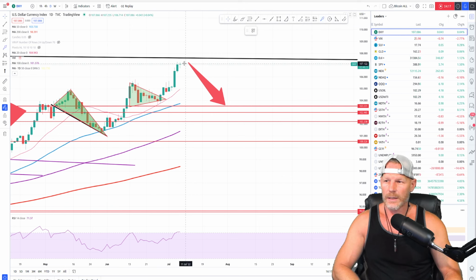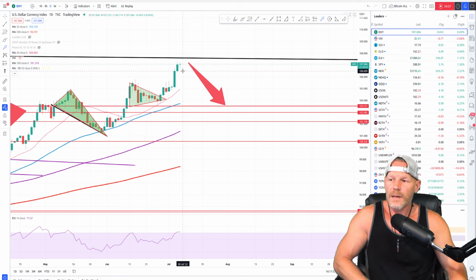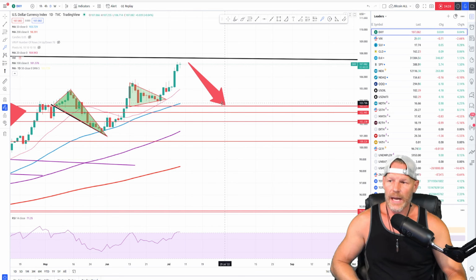So that's why I have this arrow here. You don't just bust right through those things. I've rarely seen that happen, although I've seen a lot of technical indicators go upside down and haywire during this last bear market. But I have this arrow pointing down because this is what I'm expecting.